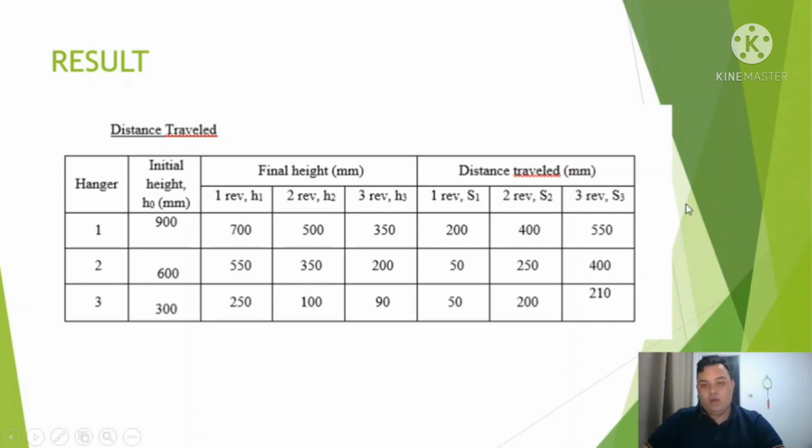Now we move to the distance travel. For one revolution, for hanger one it is 200, 400 for two revolutions, and the third revolution is 550. For the second hanger it is 50, 250 and 400, and the last hanger is 50, 200 and 210 millimeter.